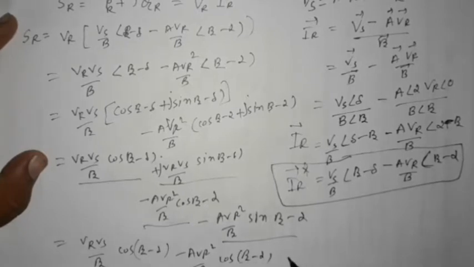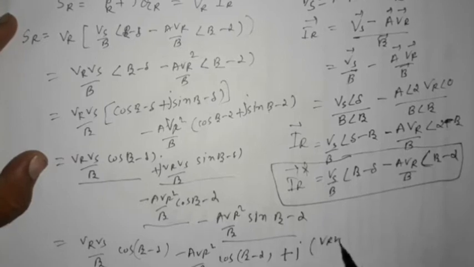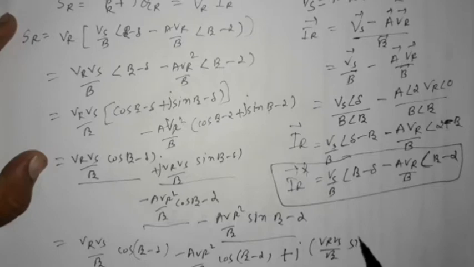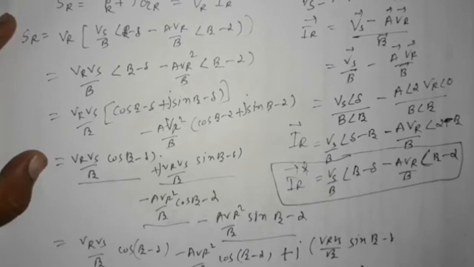Now j form plus j VR Vs by B sin beta minus delta minus A VR square by B sin beta minus alpha.